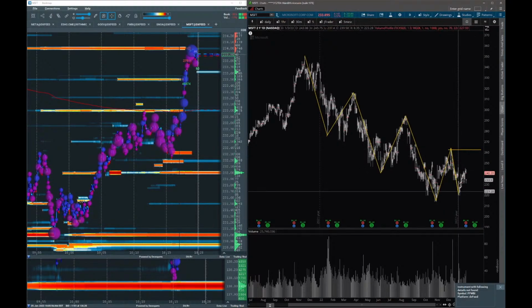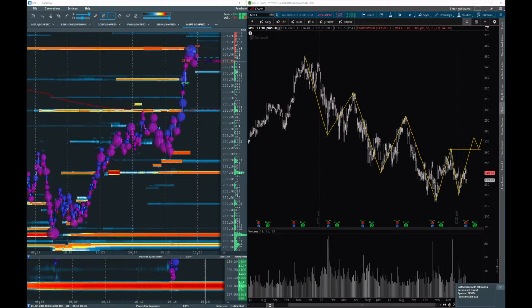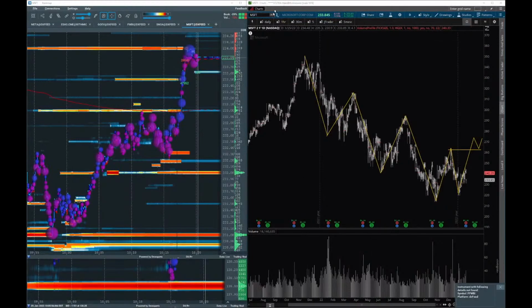Only on the break of this level and then dipping will we have a bullish shift in the market. For now, we have no play on the long term, a long swing. That's very important to clarify.